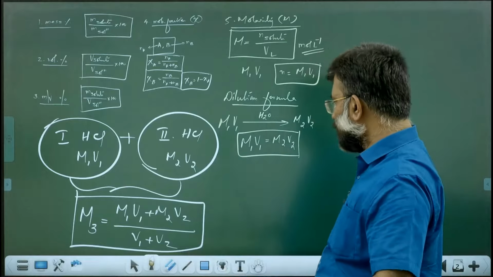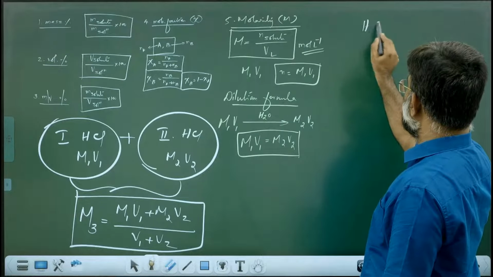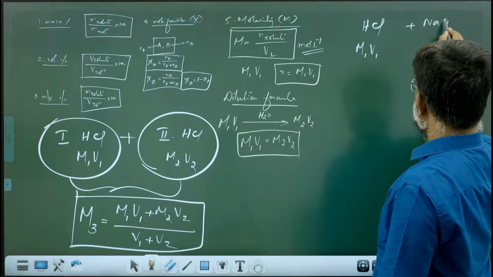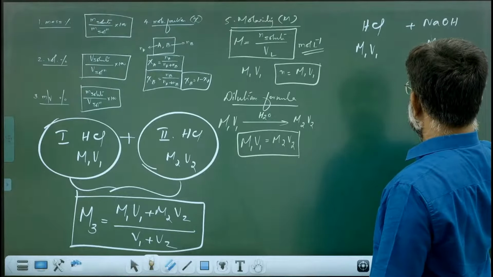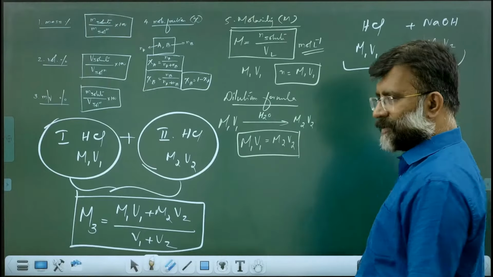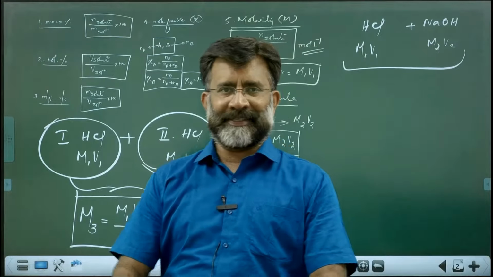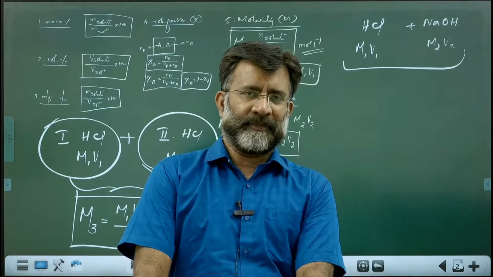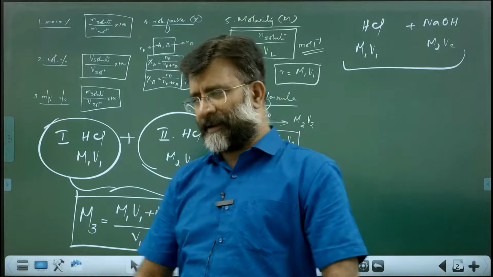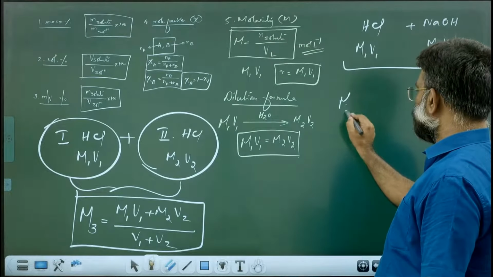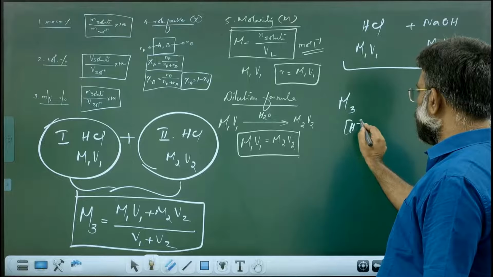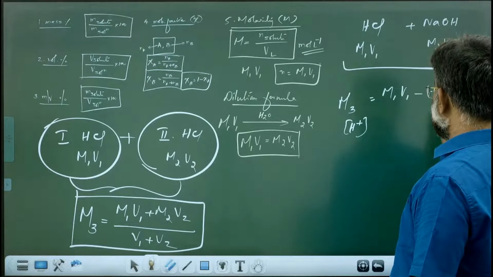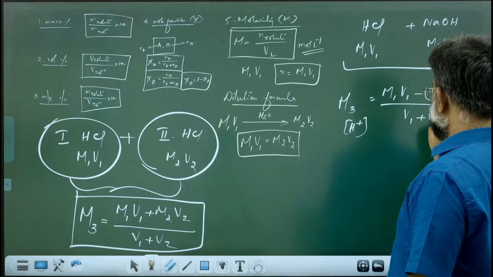Suppose you are mixing an acid with alkali. Suppose you are taking HCl having M1 V1 mixed with NaOH having M2 V2. What is the resultant concentration? Then it depends on which is in excess. There will be a neutralization reaction. Suppose acid is in excess, then concentration M3, that is concentration of H plus, is equal to M1 V1 minus M2 V2 divided by V1 plus V2.